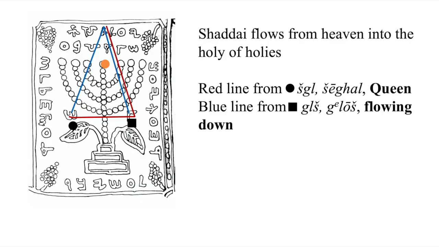But the same letters read around differently, read around from the blue line by the square box. That is flowing down. And so the lady, in some way, the queen, flows down. Now remember that teaching and reign are the same word in Hebrew.